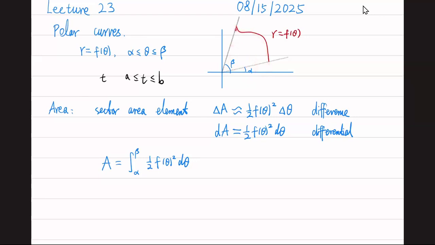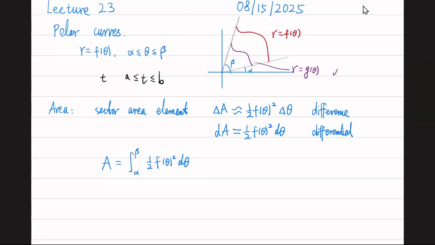Then this curve bounds a domain. The area of this domain will be this. We integrate from alpha to beta one half f squared. Now let me add a second curve. I assume this is r equals g of theta.